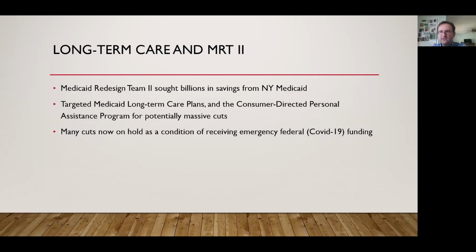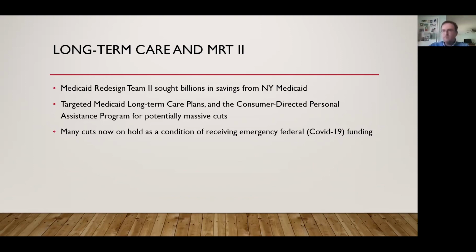Governor Cuomo faced budget shortfalls and decided to target Medicaid for cuts. So some of the areas that were targeted included long-term care plans and the aforementioned Consumer-Directed Personal Assistance Program for what could potentially be massive cuts.